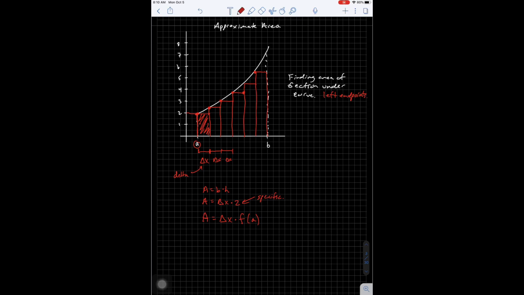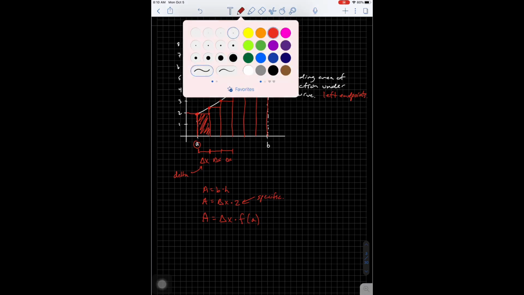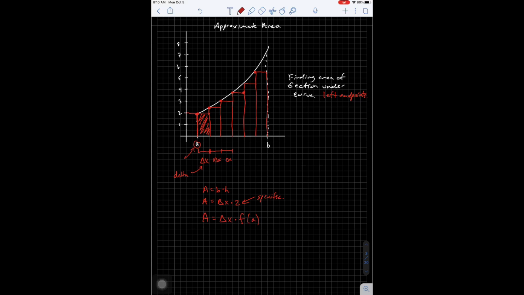Now, to even more generalize it, because sometimes it's different letters, we're going to call this x naught. That's my first x value, my starting x value. Remember, we've talked about that sub-zero means the first or the starting. So that means that this line right here is going to be x sub 1.